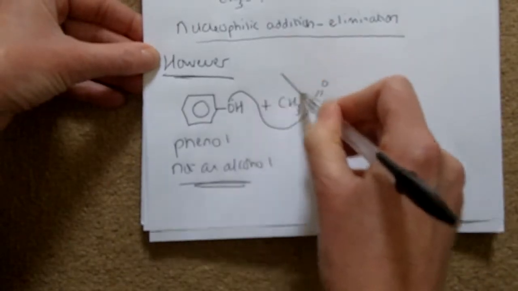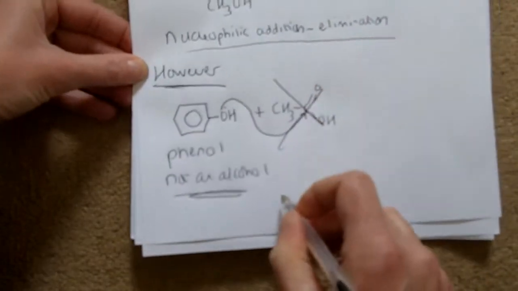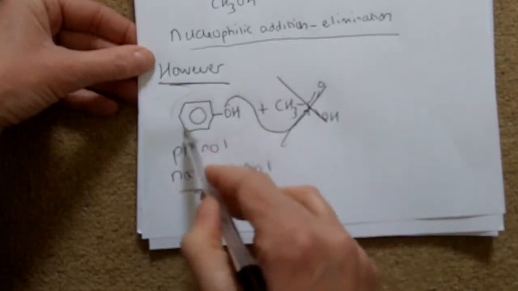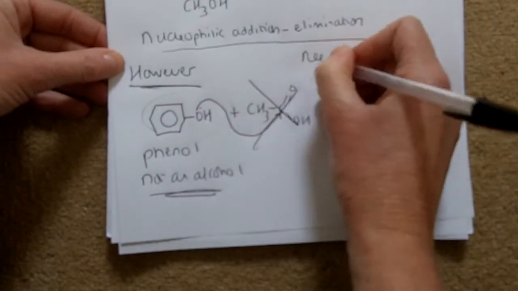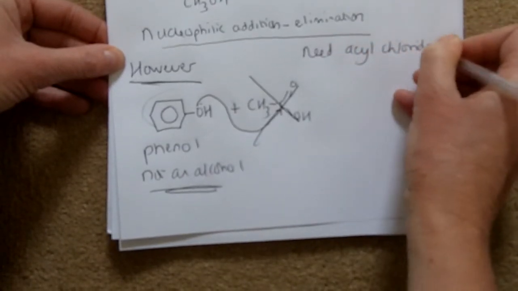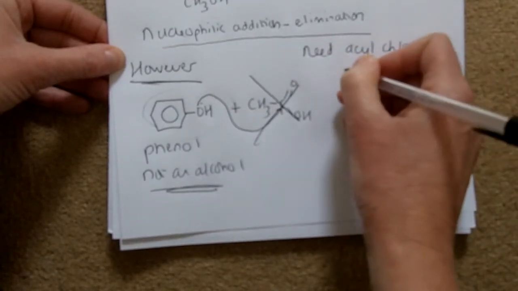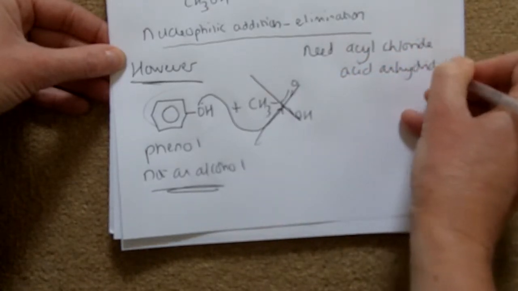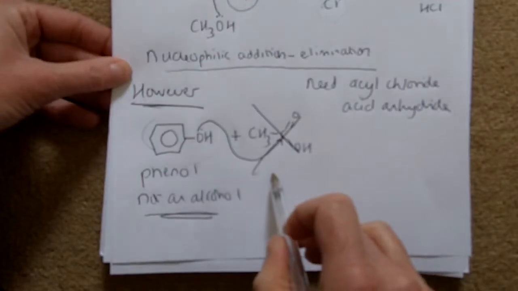To make an ester from a phenol, you need an acyl chloride or an acid anhydride. Carboxylic acid is not reactive enough.